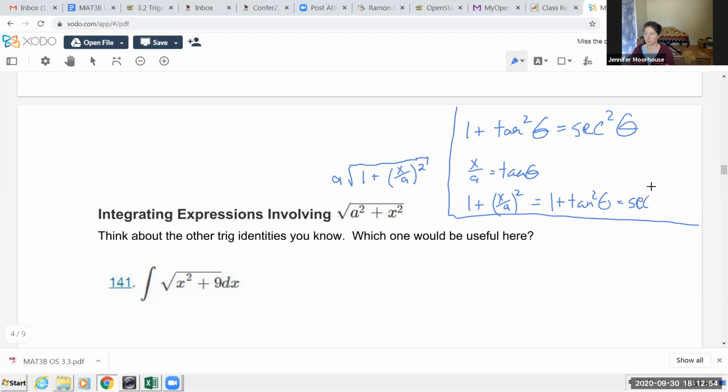So the square root of a squared plus x squared would be a times the square root of secant squared, which is just secant.